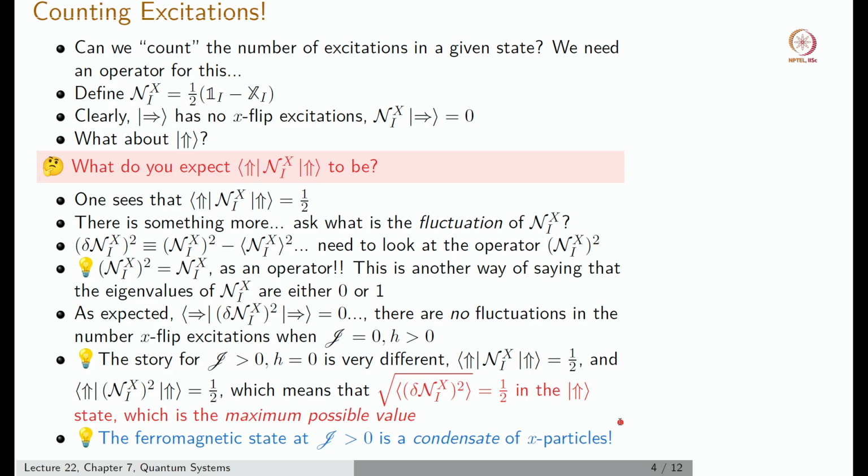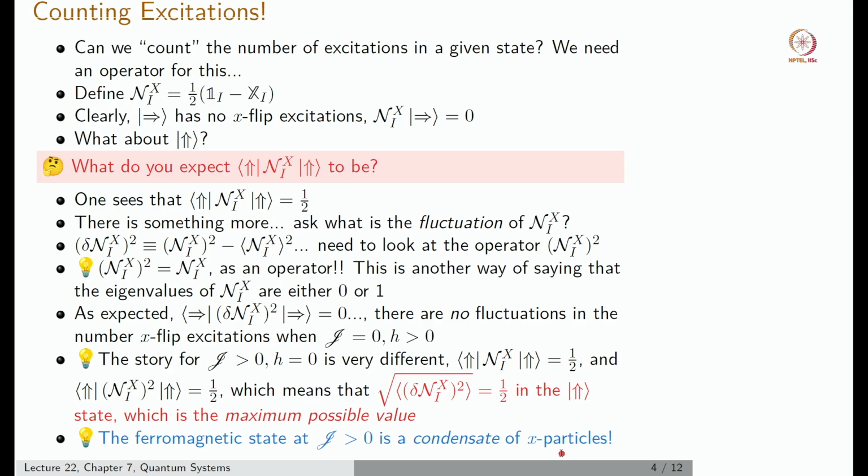We are seeing that the average value is half and the fluctuation is the maximum possible allowed in this system. So, this is a very physically insightful point: we can view the ferromagnetic state as a condensate of the x particles.